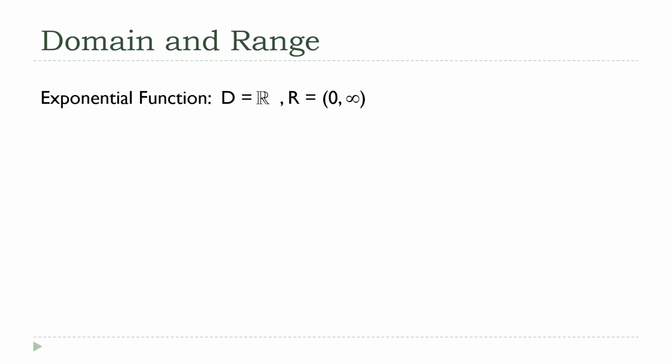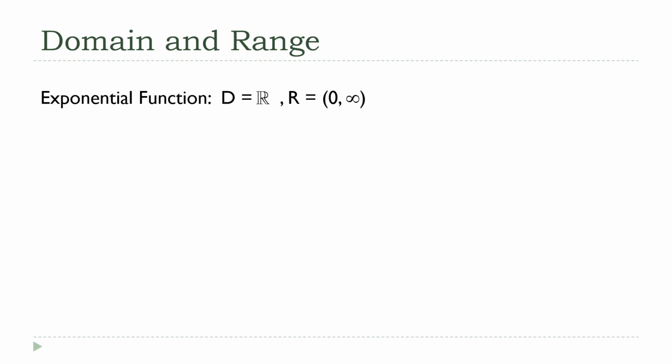Okay, so how about the domain and range of these things? Well, we saw several lectures back that the domain of the exponential function was all real numbers, and its range was non-negative real numbers, everything from 0 and up, not including 0. So what does that make the domain and range of the logarithm function? Well, remember, they're inverses.